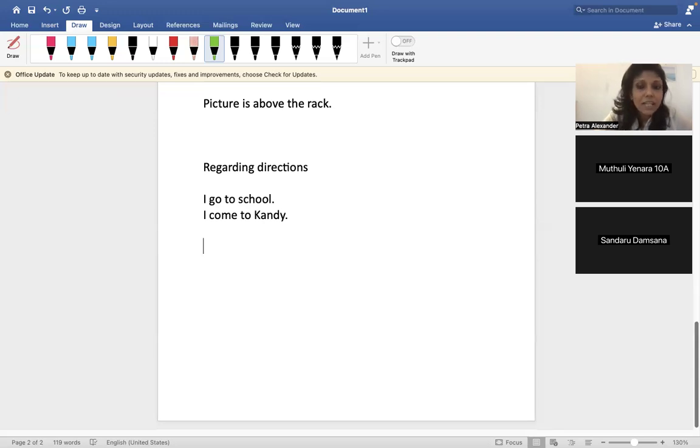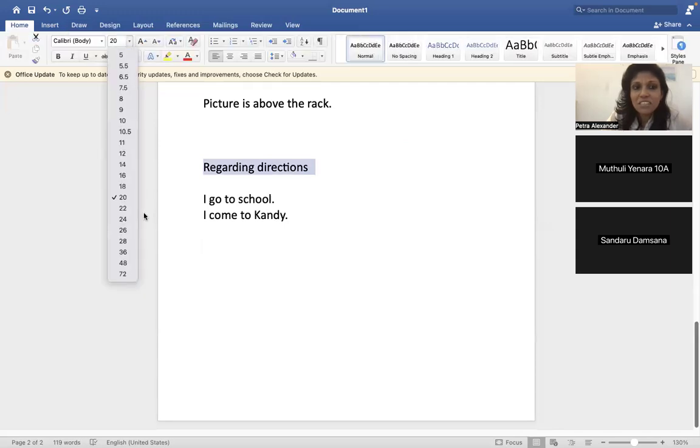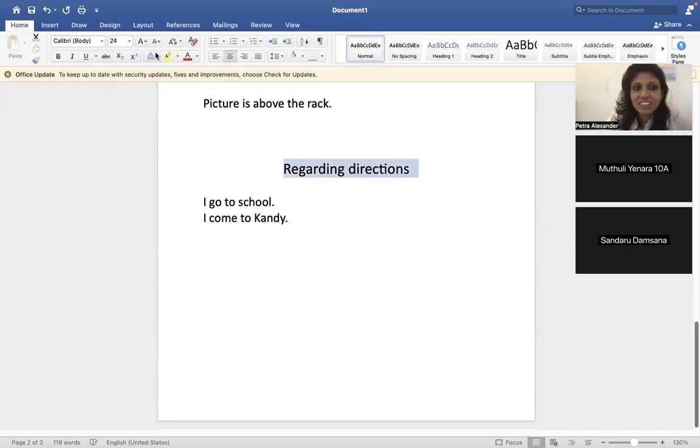Biscuit tika බෝතලයට දාන්න. How do you say? What's the preposition you use? Yes? Into. Put the biscuits into the tin.